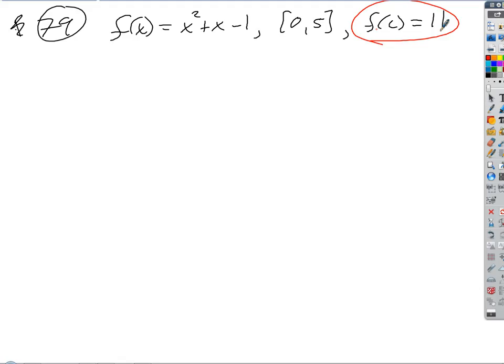How would we find out? How do we know if this meets the criteria of the intermediate value theorem? It's continuous, check. If you have the function equal to 11, then you solve for x.